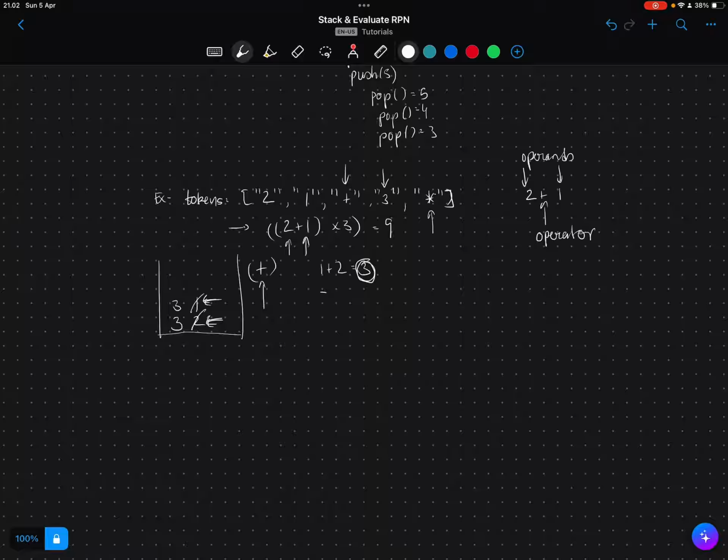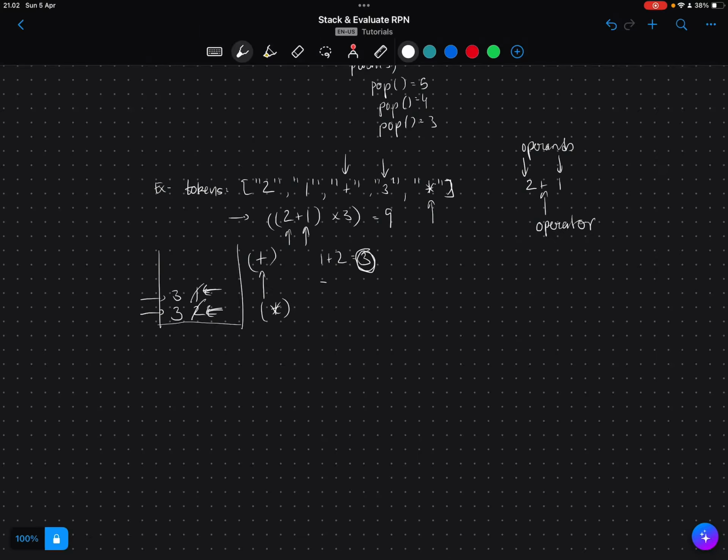Then we come to 3, and we hit the operator again, and this time we want to multiply. We have two operands again, so we'll take them off, pop them, and do 3 times 3, which is 9. Now you see we've hit the answer.